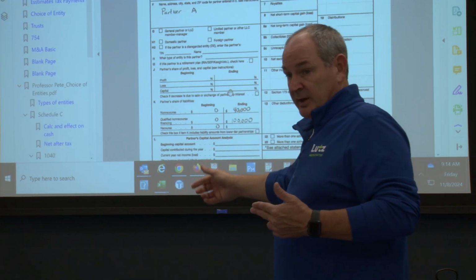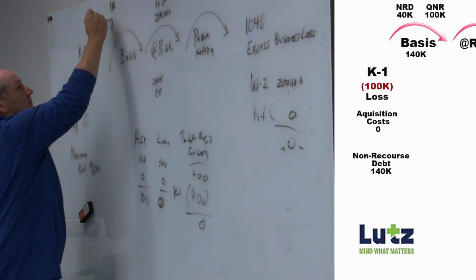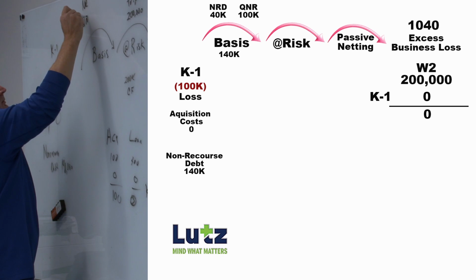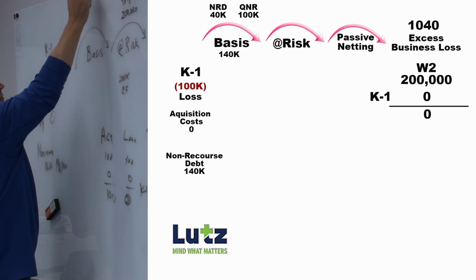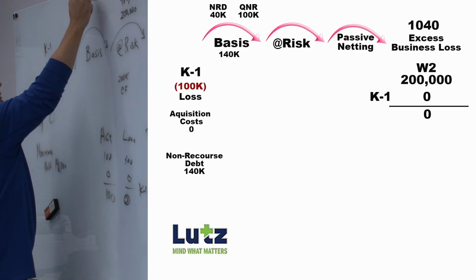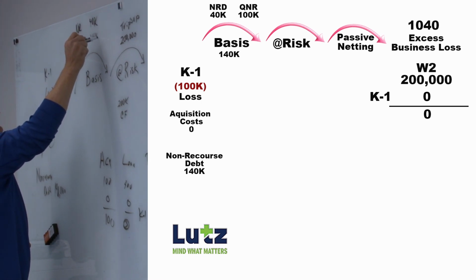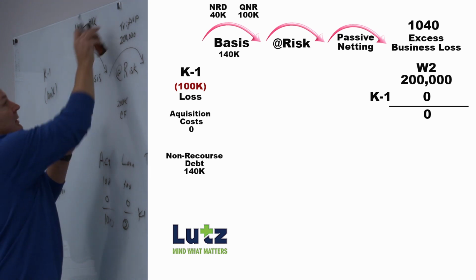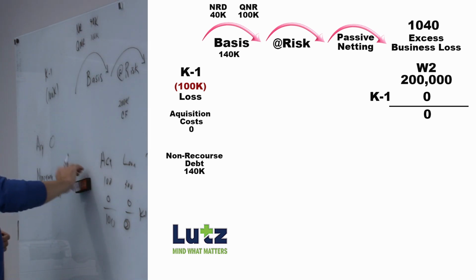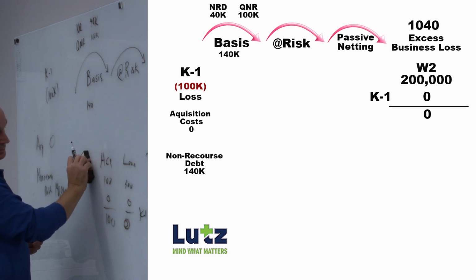Okay, it's 140 of basis, so we have 140 basis at the first hurdle. We have non-recourse debt of how much, Sam? 40. And how much of qualified non-recourse? 100. Okay, so we have 140 of basis, correct?